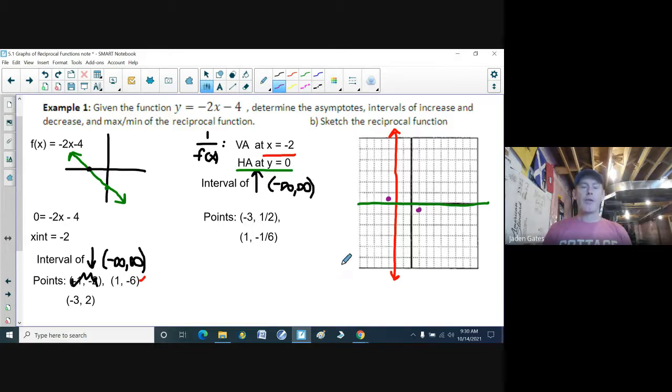Okay, so now here's the key: my graph has to go through those points, and yet it has to follow the intervals of increase and decrease, in this case just increase. And it's got to follow my asymptotes. So the only way I can go through this point and constantly be increasing, around it is increasing here, believe it or not, a very small amount, and then a large amount.